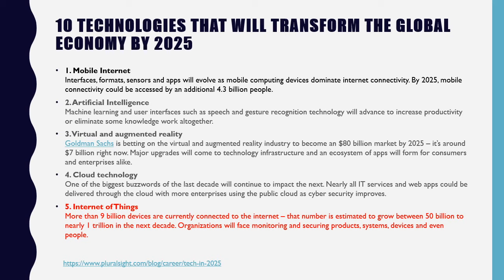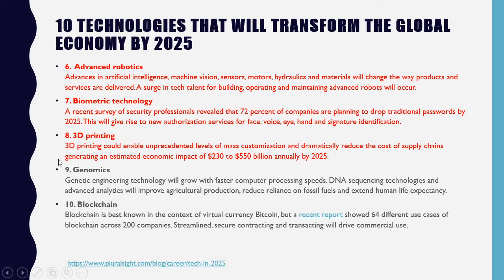You are using lots and lots of apps like Google Drive. Next one is your internet of things. Why have I highlighted internet of things in red color? I will explain why I have highlighted that term. Next one, advanced robotics. That is also in red color.